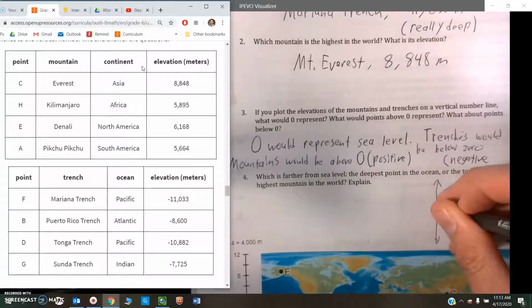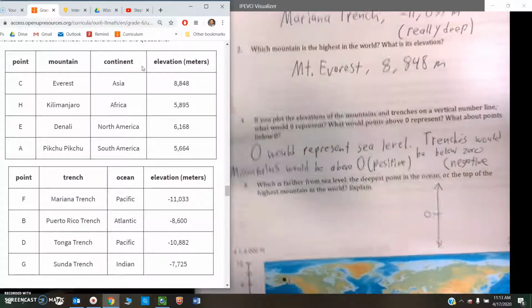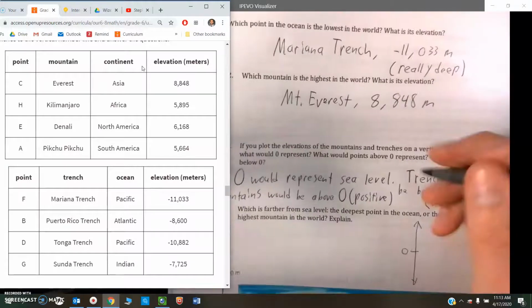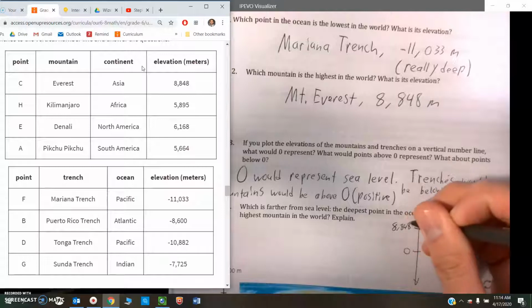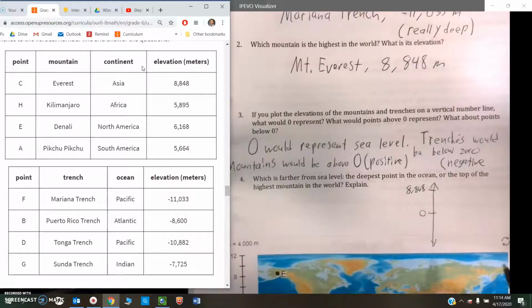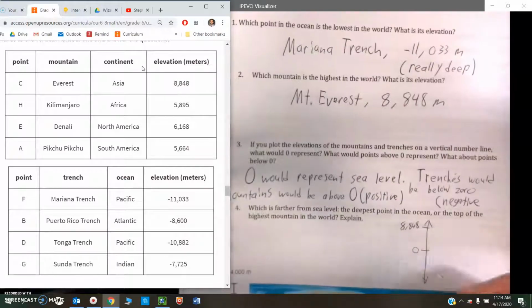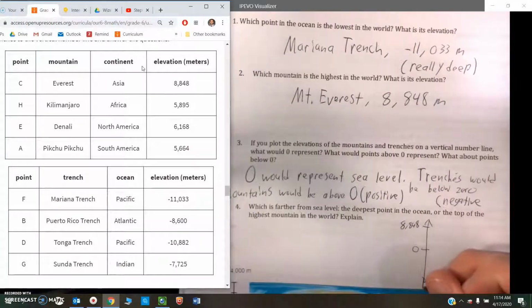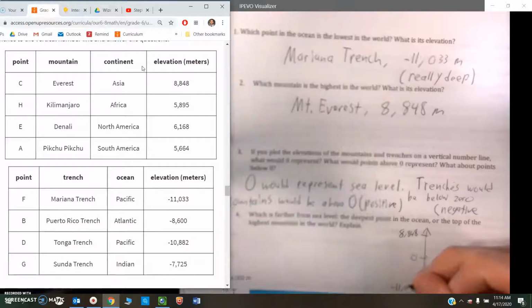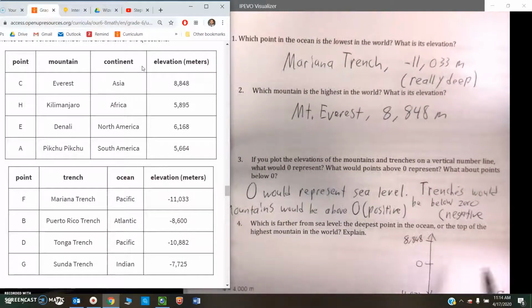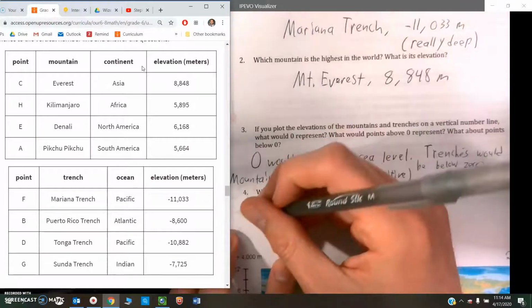If here's 0, I know that the highest mountain, Mount Everest, is 8,848 meters above sea level, and the lowest point is the Mariana Trench, and that would be negative 11,033. So which is farther from sea level? The Mariana Trench.